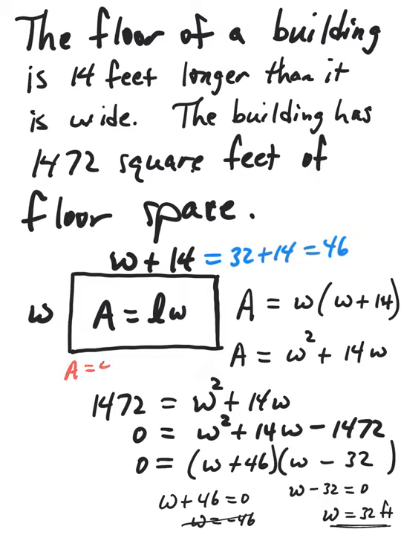Area is equal to length times width. 46 times 32 is in fact 1472 square feet. So that's the correct answer. We have a 46 by 32 foot building. There's one other skill that I want to show you before I stop this video.